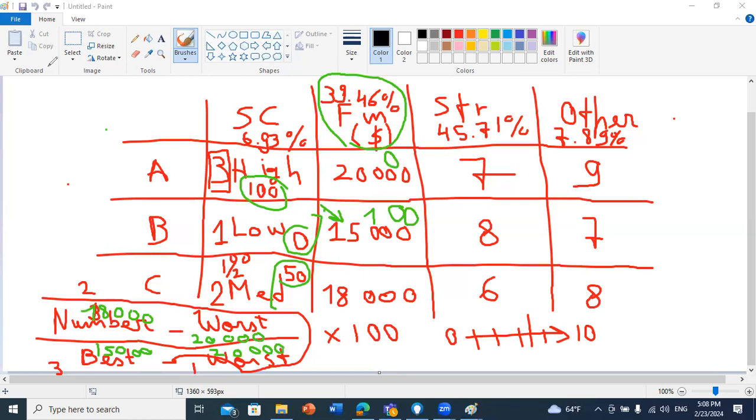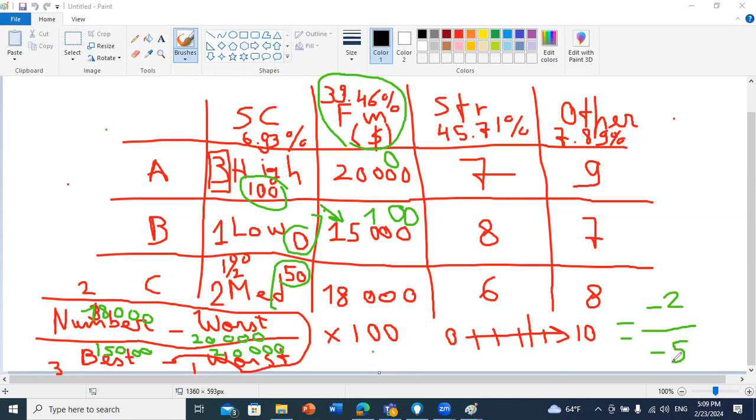Okay, so now all you have to do is the calculation. This will be equal to, if you want, the 1,000 will cancel out. So you have 18 minus 20, so minus 2, over 15 minus 20, minus 5.